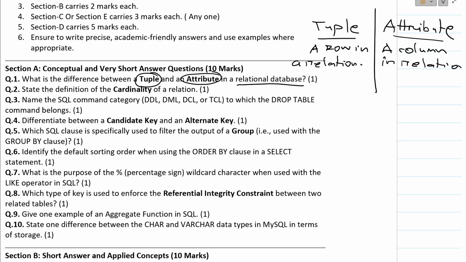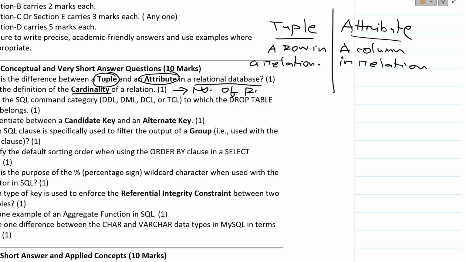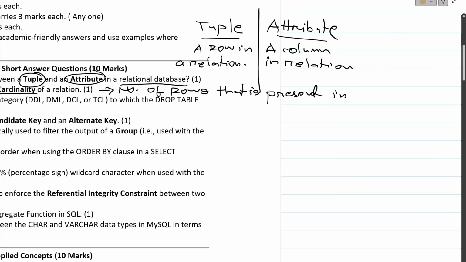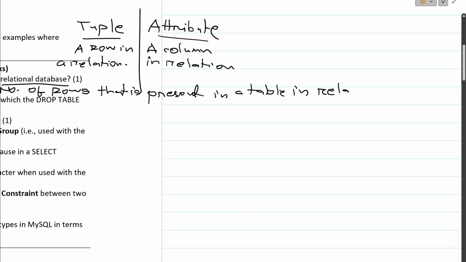And talking about state and define the cardinality of a relation. What do you mean by cardinality? Do you remember? Cardinality is nothing but the total number of rows that are present in a table, in a relation, at a given point of time.